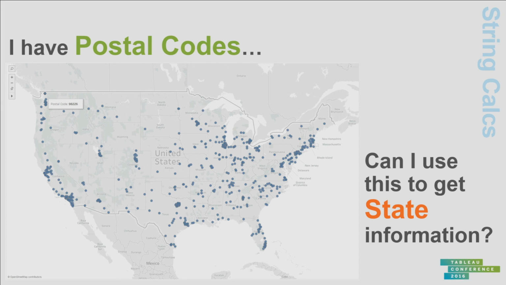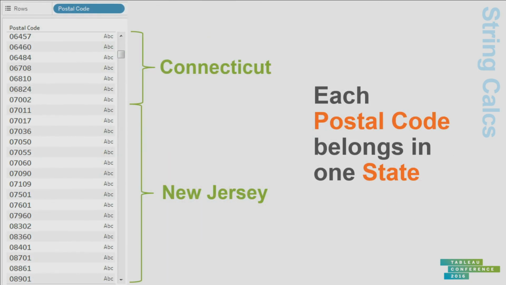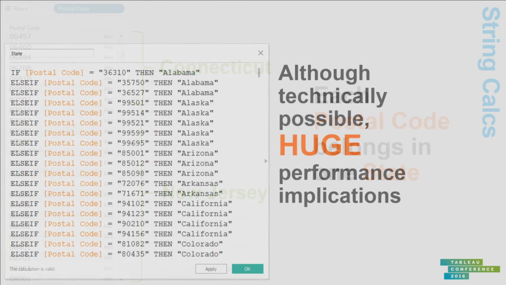The issue here was that she didn't actually have state coming from her data set. She only had postal codes. And she correctly identified that each postal code had a hierarchical relationship with each state, right? Every postal code only belongs in one state. And so this was the calculation that was originally sent over.